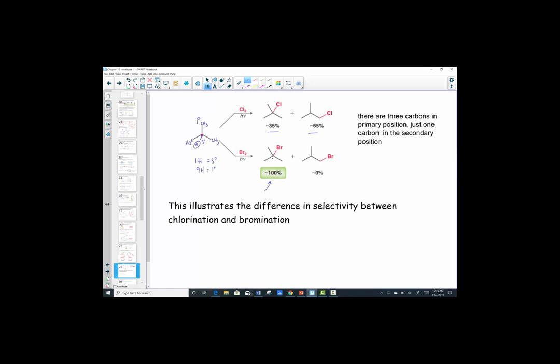So therefore we would see about a 1:3 ratio. For every 1 hydrogen in the tertiary position, there were 9 hydrogens in the primary position. So you're seeing that there'll be more of this primary product simply because there's more hydrogen there. So that is just an illustration of the difference between selectivity of chlorination and bromination.